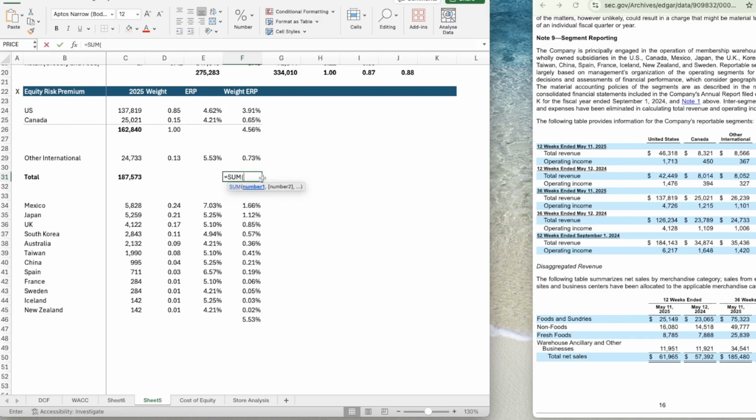So there we have it. Is this a line? Yeah. So the ERP for other international is 5.53%.